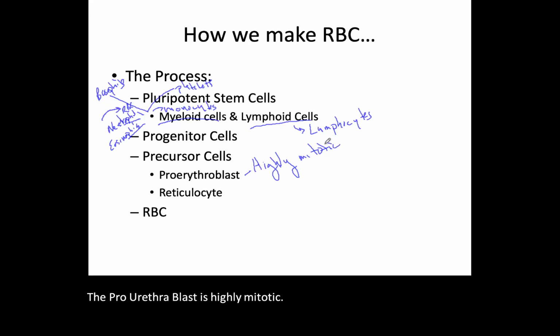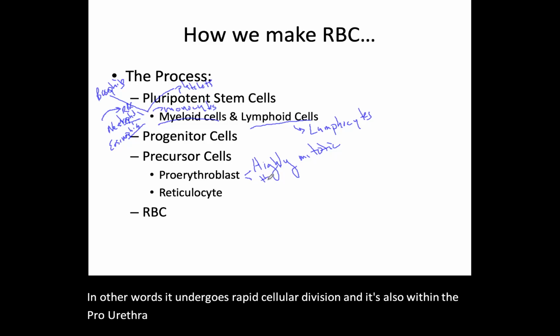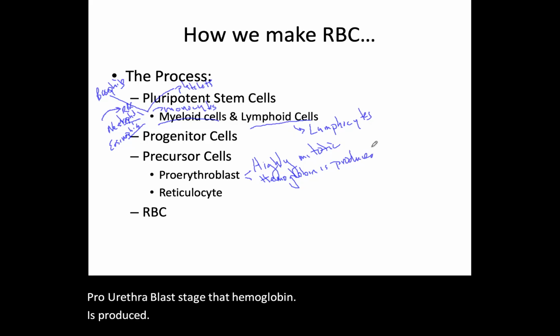In other words, it undergoes rapid cellular division, and it's also within the proerythroblast stage that hemoglobin is produced and added to the cell.